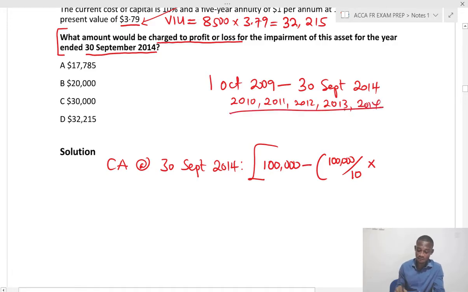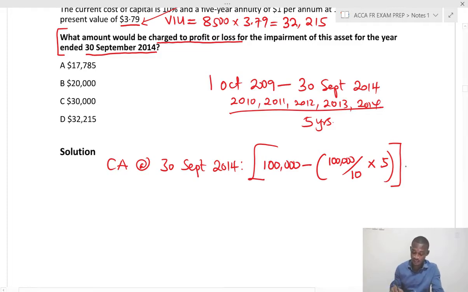So this is 5 years as at the current reporting date. So we need 5 years accumulated depreciation. So the 100,000 divided by 10 times 5 should give us the accumulated depreciation. So therefore, the carrying amount would be half of the total cost, and that clearly is 50,000.